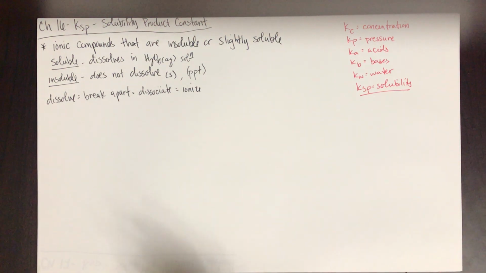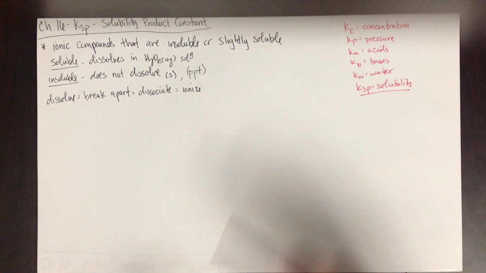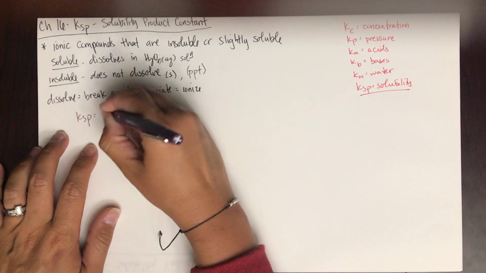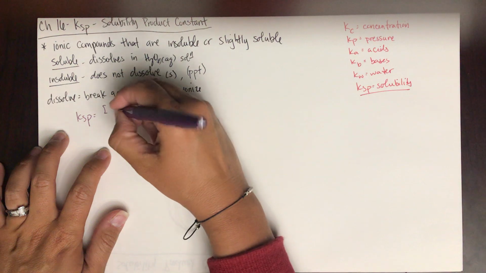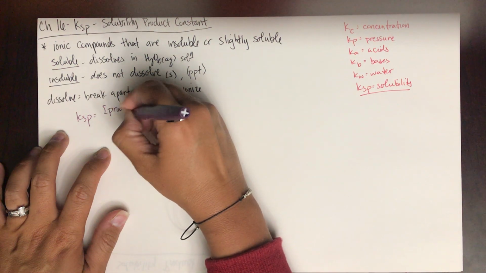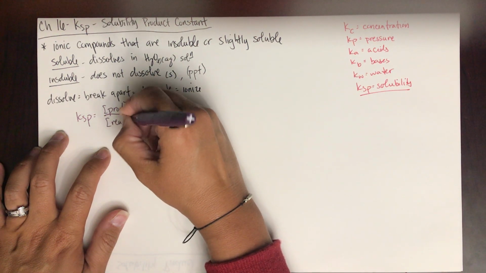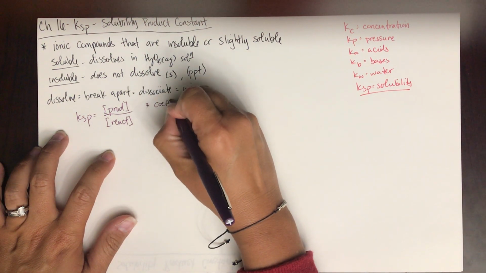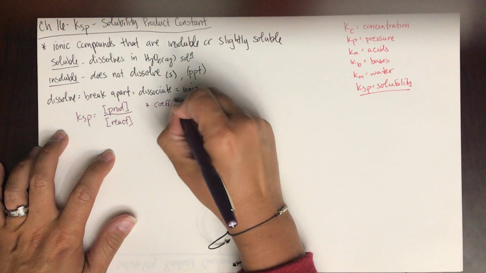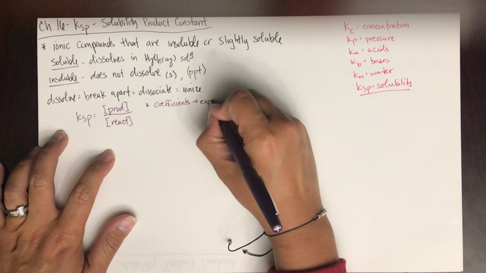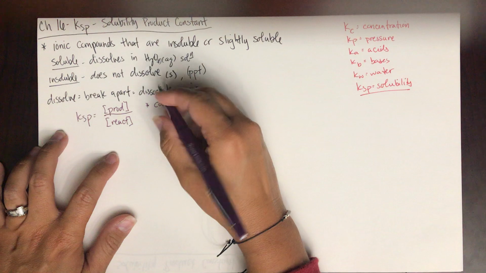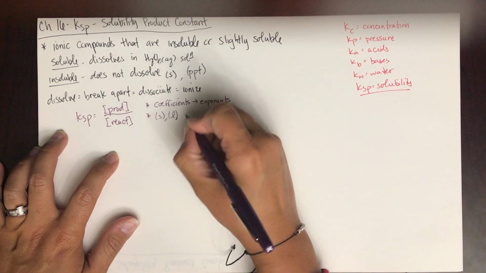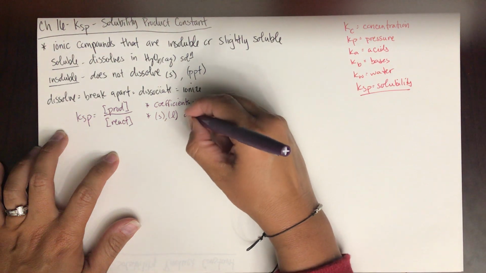The way we write the Ksp is the same way that we write all of the other equilibria constants. Ksp is the relationship of the concentration of the products to the concentration of the reactants. And remember, coefficients become exponents, and pure substances like solids and liquids are excluded.